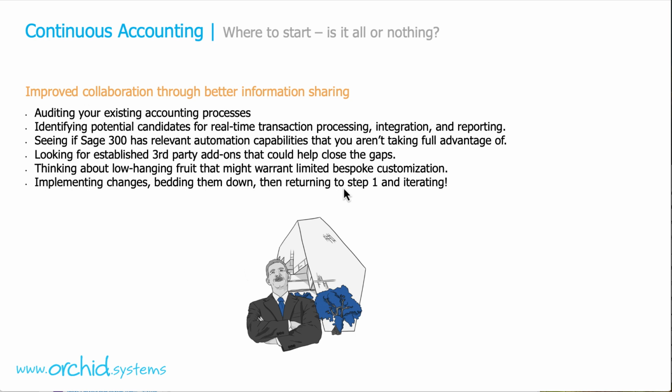Seeing if your current accounting software has relevant automation capabilities that you aren't taking full advantage of. Looking for established third-party add-ons that could help close those gaps. Thinking about low-hanging fruit that might warrant limited bespoke customization, and implementing changes, bedding them down, and then returning to step 1 and iterating through the lot again.